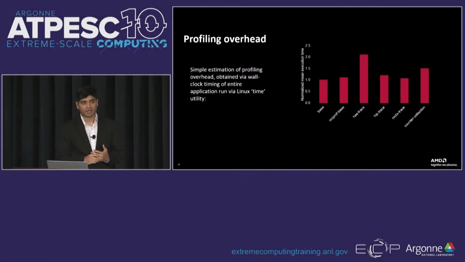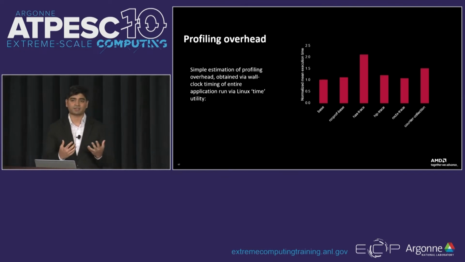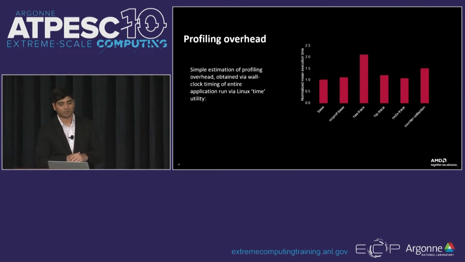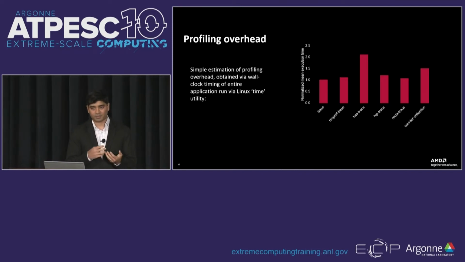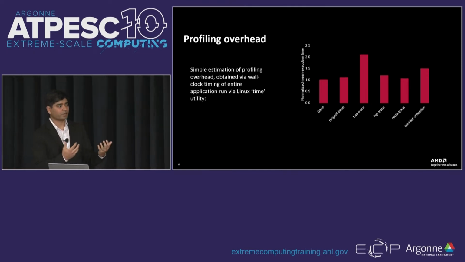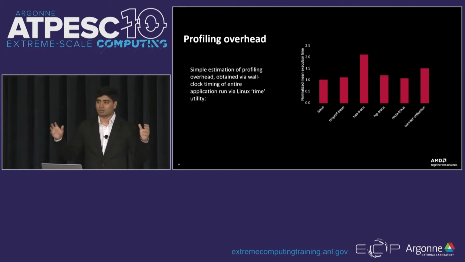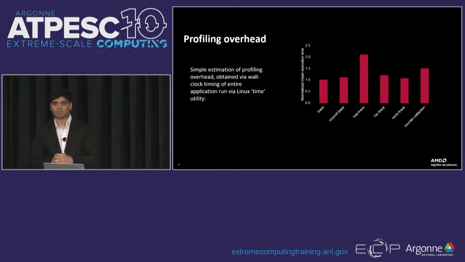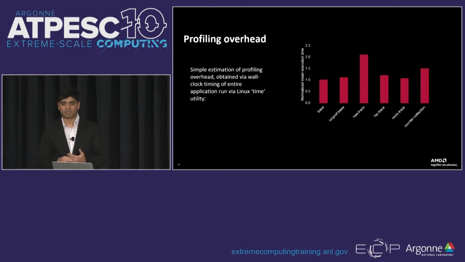So I spoke about profiling overheads, and this is a simple estimation based on some example and tutorial cases that exist on our GitHub page. Aggregating all of that, let me make this remark first, that profiling overhead really depends on what you are trying to do, right? If you want to collect all the counters, obviously it's going to do multiple passes of your application.